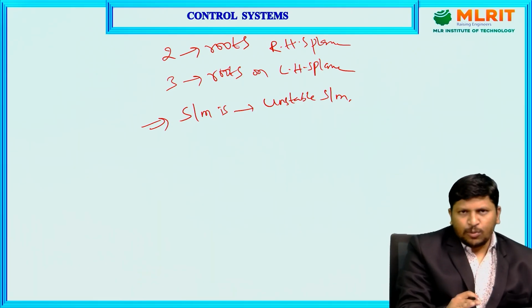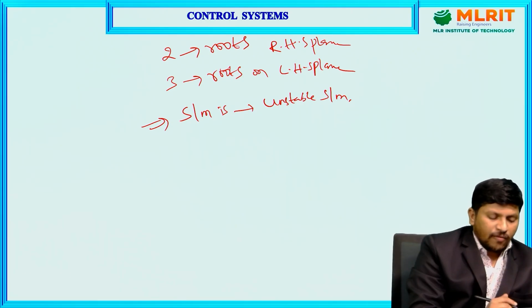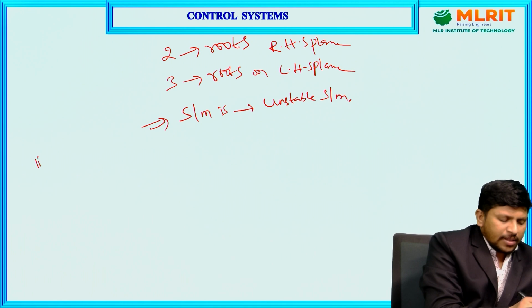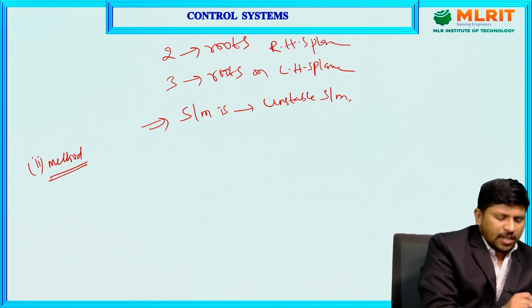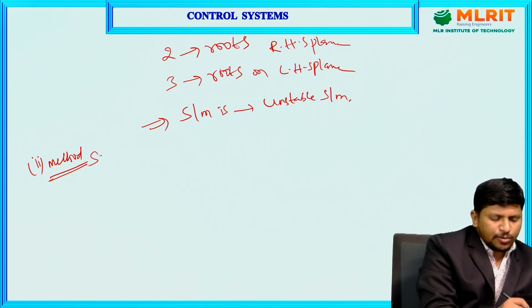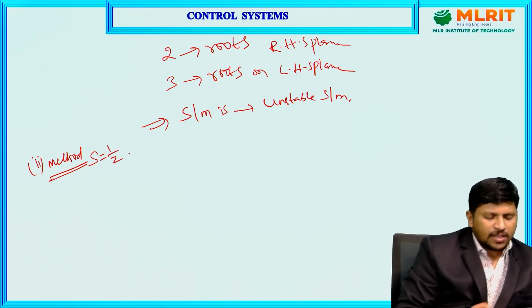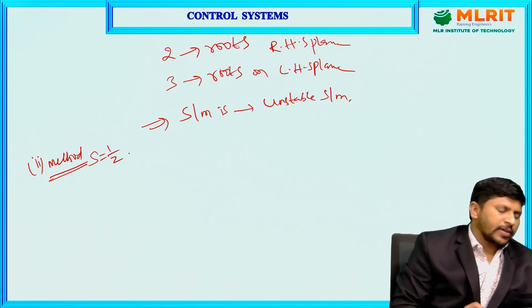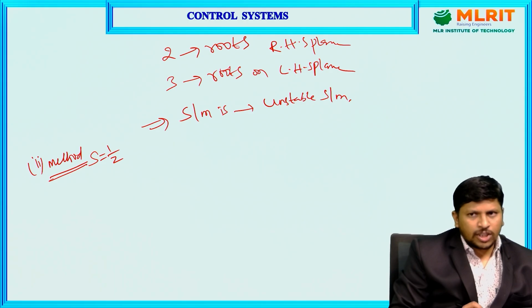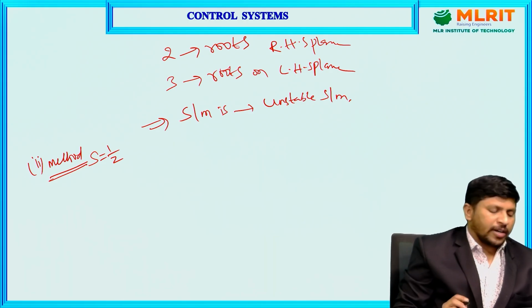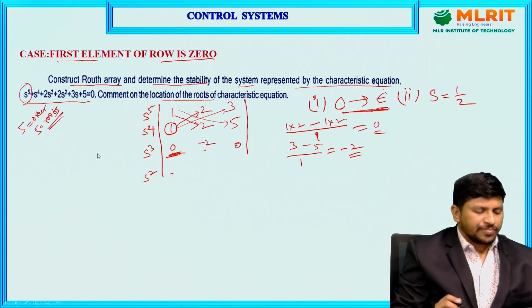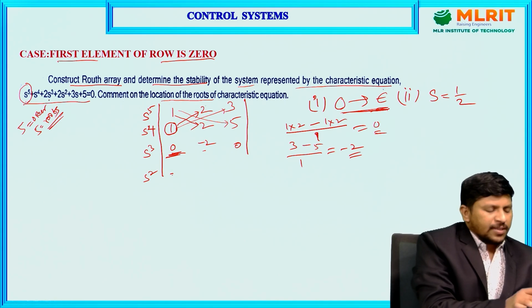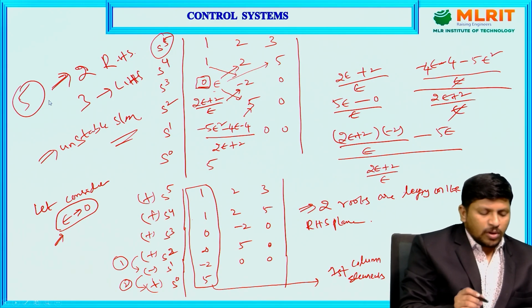Next, this is one more method. See, another method, the second method. For the second method, substitute S equals 1 by Z in the characteristic equation.